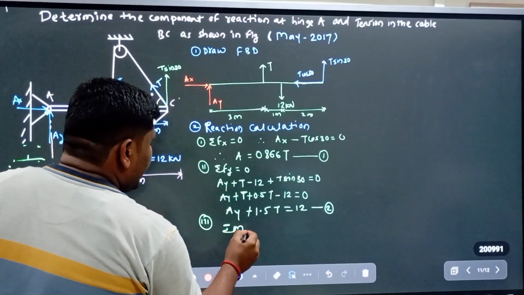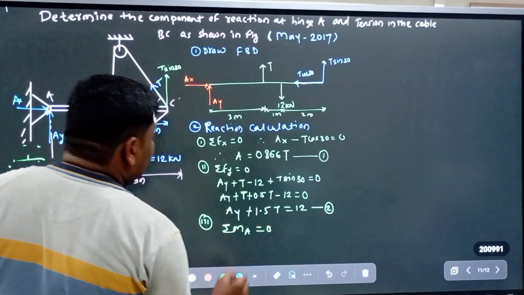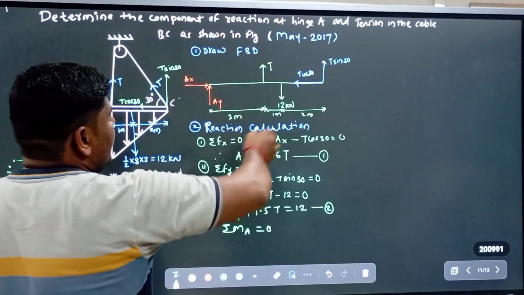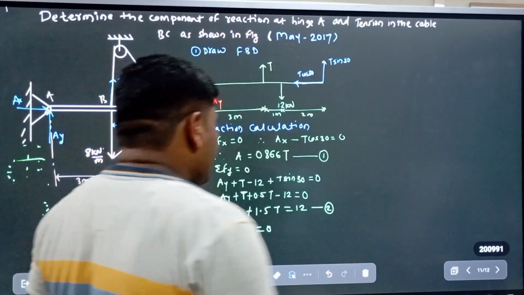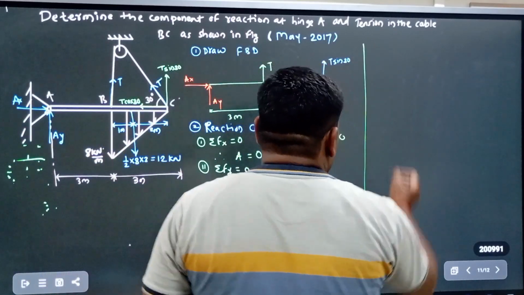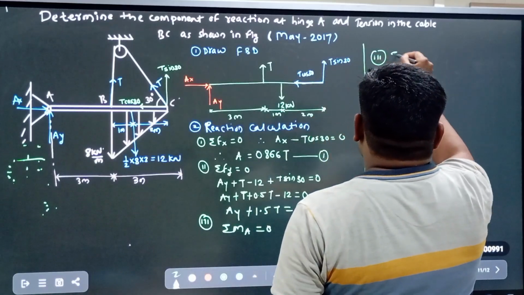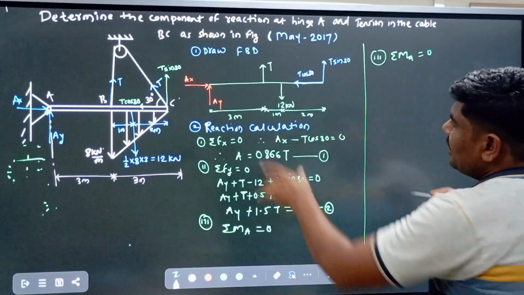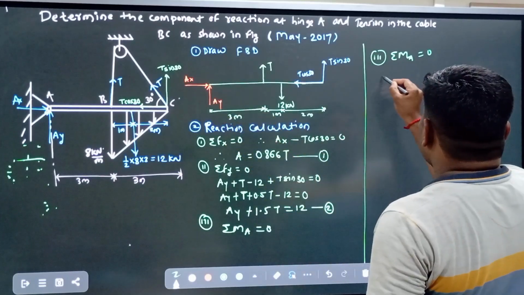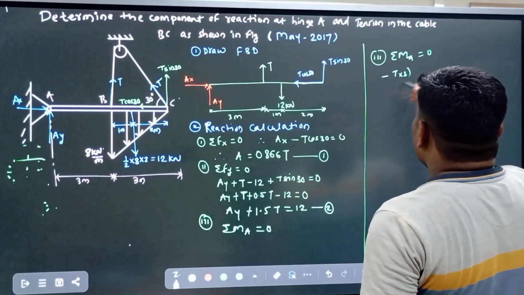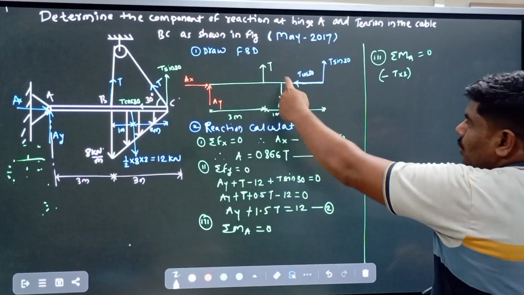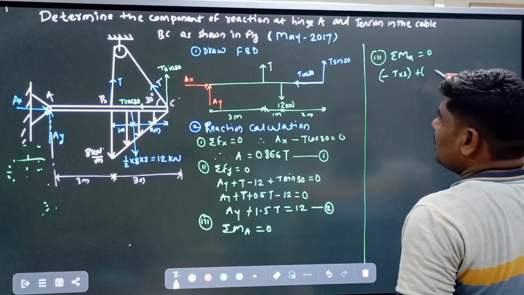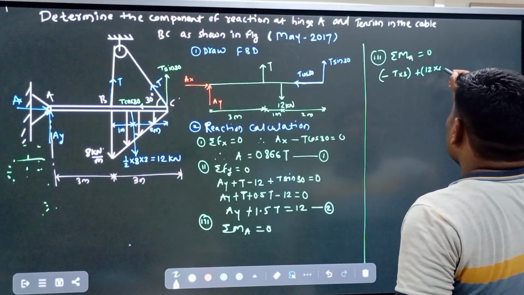Now the third condition is moment at point A equal to 0. T is moving in the anti-clockwise direction around A, and the perpendicular distance is 3 meters, so minus T into 3. Now 12 kilonewton is moving in the clockwise direction, distance is 3 plus 1, that is 4, so plus 12 into 4.